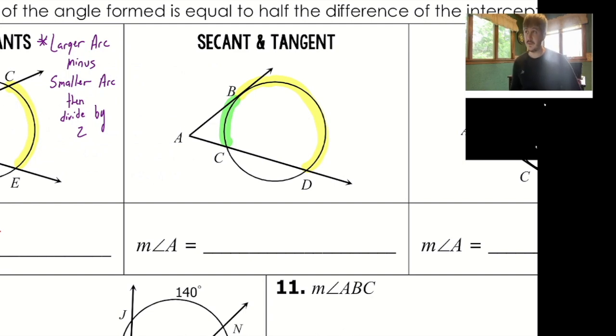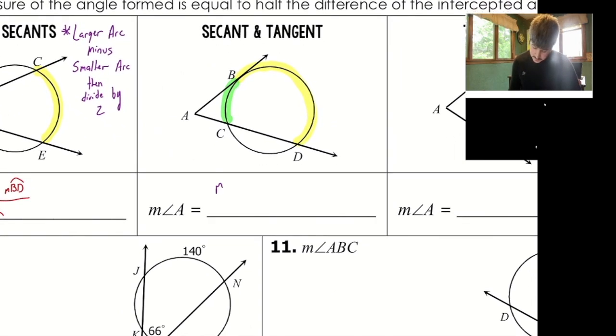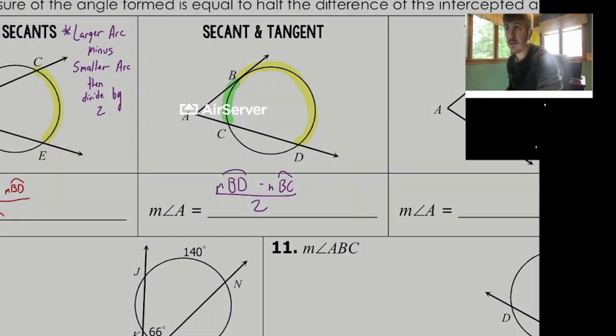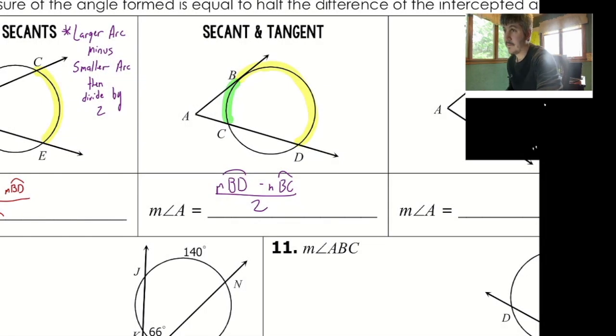And then divide by 2. So it's the measure of arc BD minus the measure of arc BC divided by 2. There we go. Again, big arc minus small arc divided by 2.